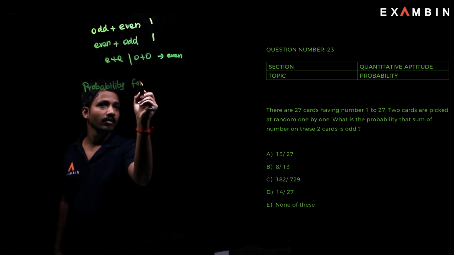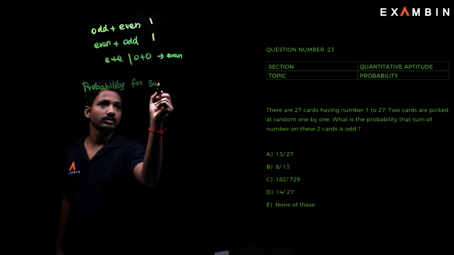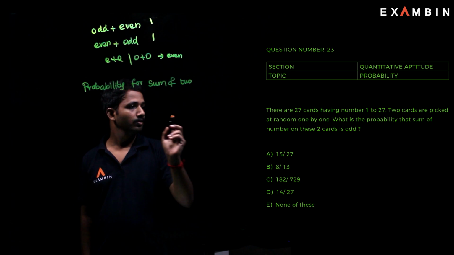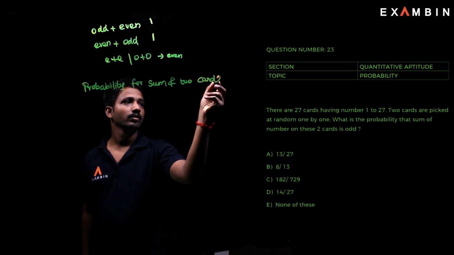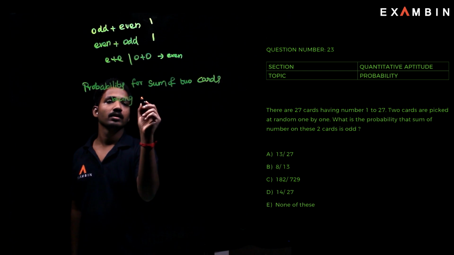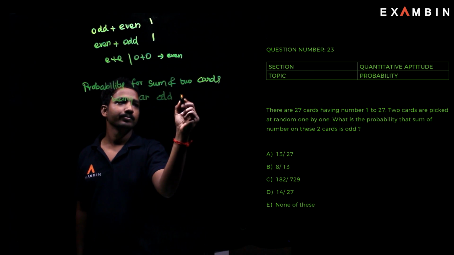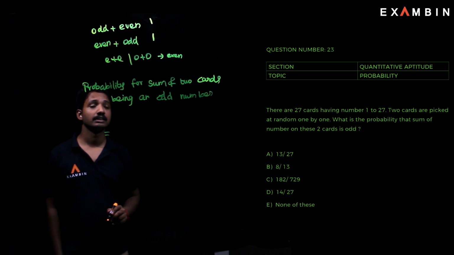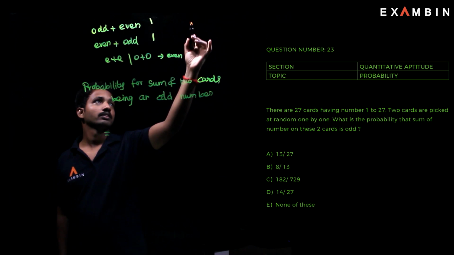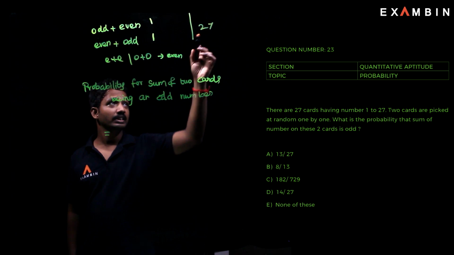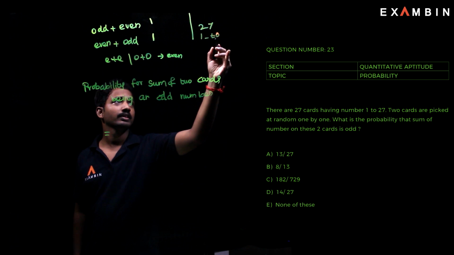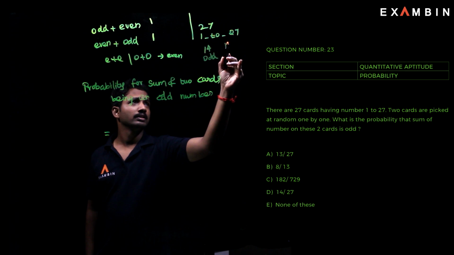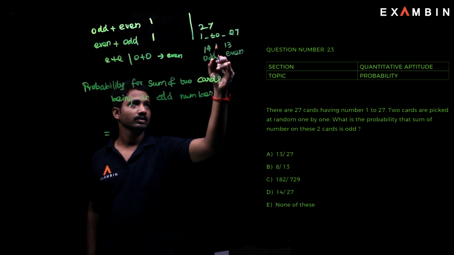Probability for the sum of 2 cards being an odd number. Here, the first instance: there are 27 cards available, numbers 1 to 27. So there would be 14 odd numbers and 13 even numbers.